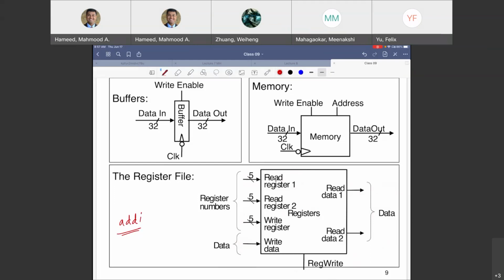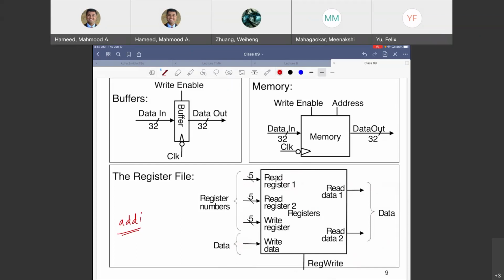So store word, what is going to happen? Store word is from the register to the memory, right? Then I'm not writing to the registers. So 0. Yep. But load word, I have to write. The difference is this: when you're doing add, the source of that writing to the register file is coming from the ALU output.